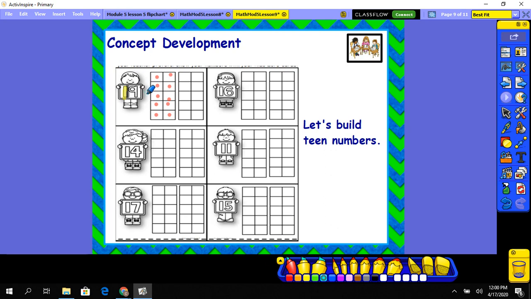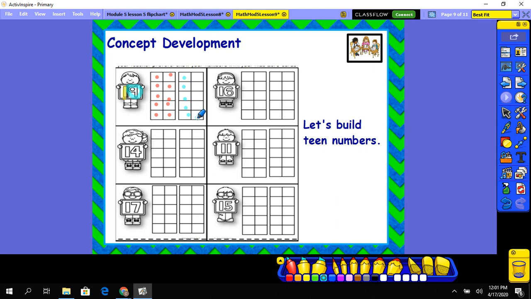Now, how many are left over? 9. So we have 10 ones and we have 9 ones. So in my next 10 frame, I'll create a group of 9. 1, 2, 3, 4, 5.